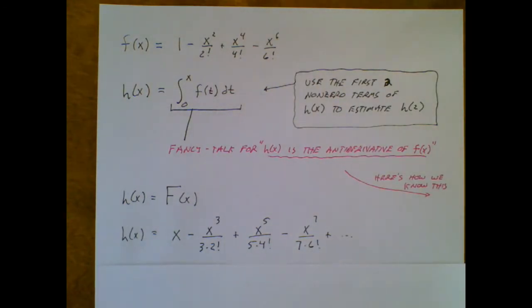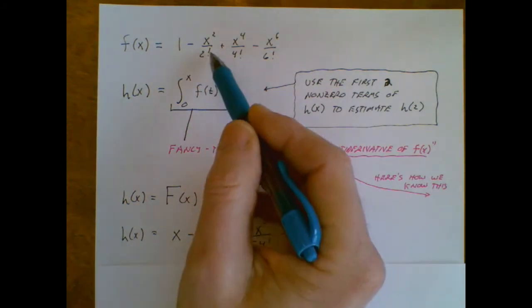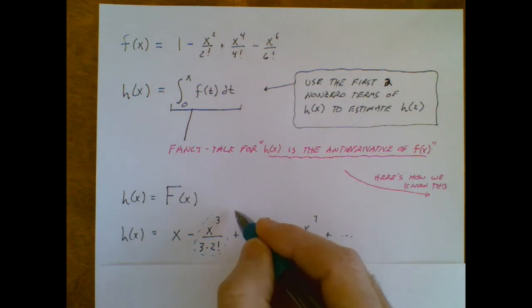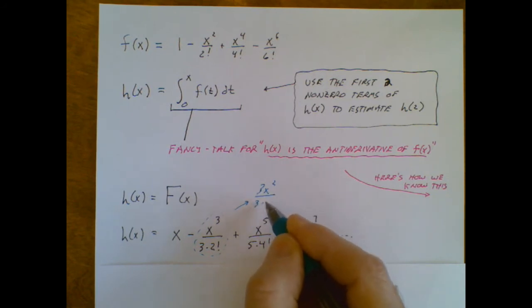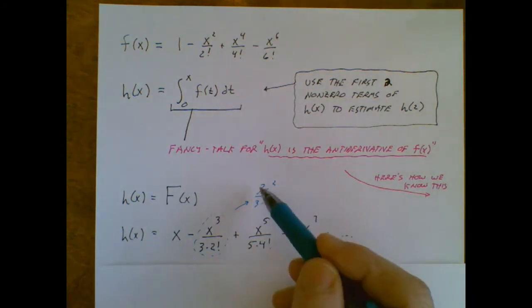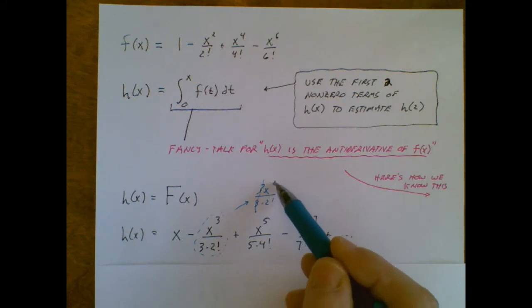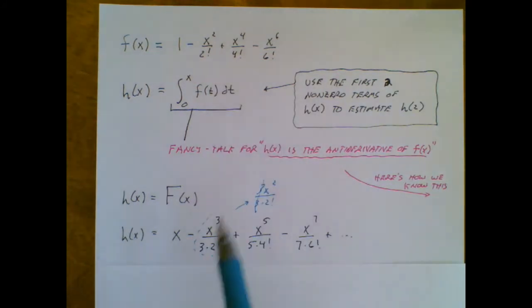This would be a good time to remind you, especially since these are pretty clunky, that if I want to check this antiderivative, let's say I want to check this term, I would multiply this out by power rule and see if I end up back there. And when I do that, I would have 3x to the second over 3 times 2 factorial. Those 3's would reduce, and I would have x squared over 2 factorial. That tells me that this was a good antiderivative of that.